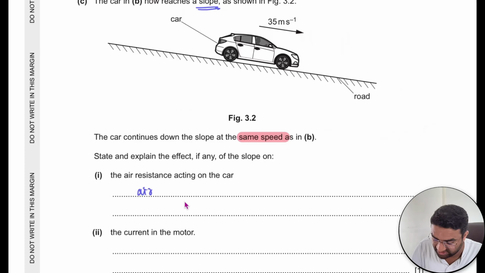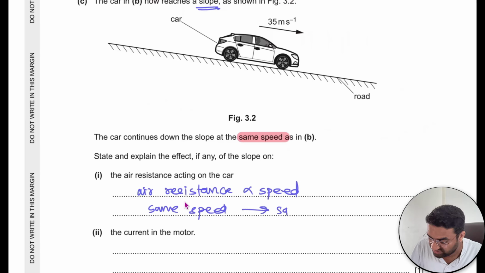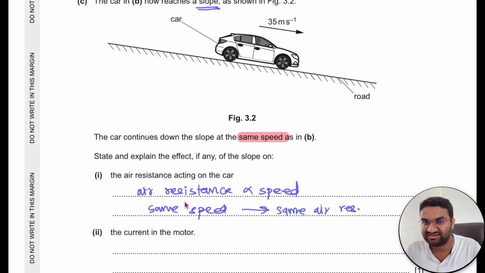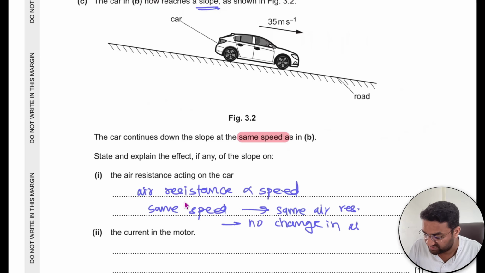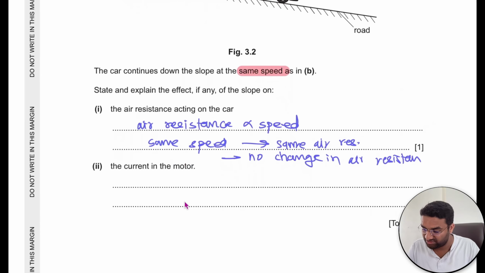Same speed means same air resistance. So the air resistance remains unchanged. The answer is no change in air resistance. This is what you have to write in this answer.